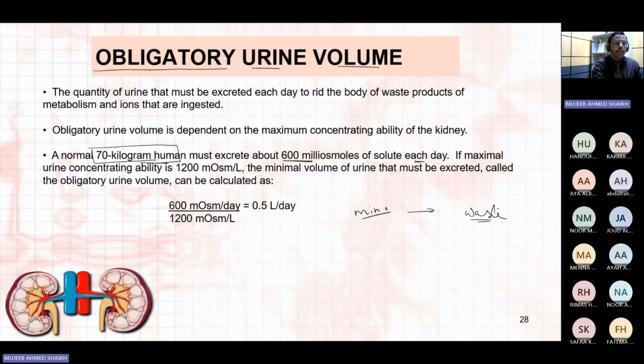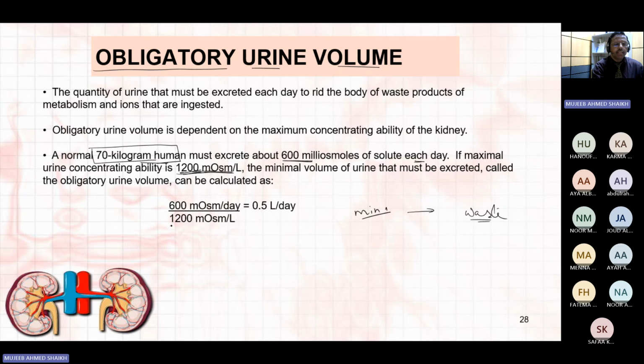If the maximal urine concentrating ability is 1200, the concentration a kidney can achieve is about 1200 milliosmol. This is for humans. Animals can have different hyperosmolating capacity.